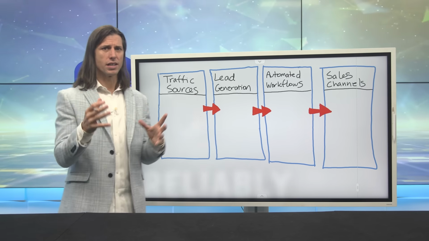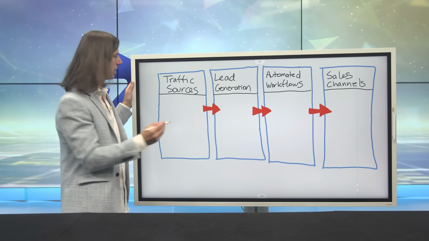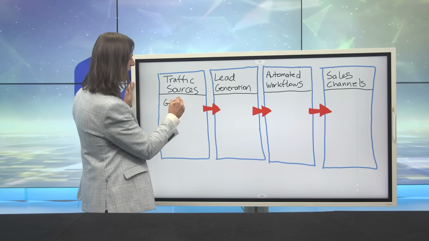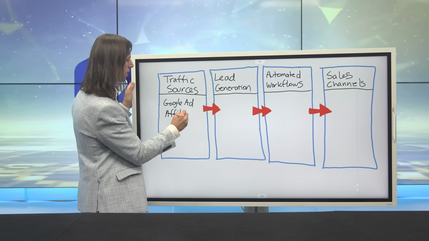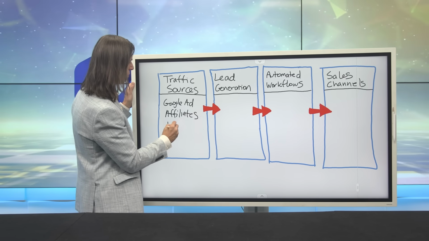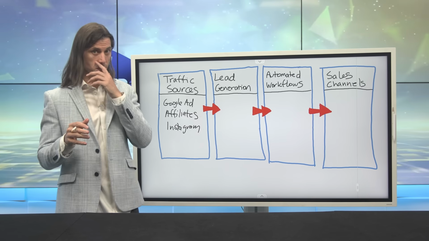And the eventual goal here is to grow this and expand this. You might want to have a bunch of traffic sources. So maybe you might have Google ads. You might have affiliates that are sending you traffic. You might do Instagram. You want to do as many things as you can eventually.